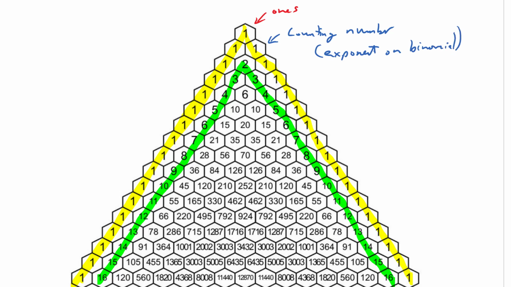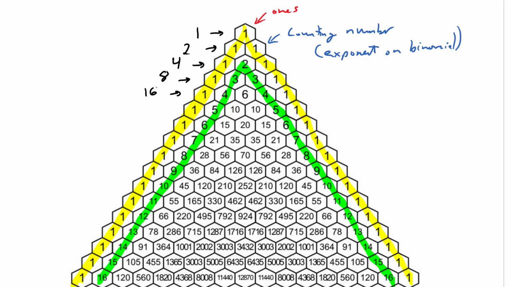There are many interesting patterns to Pascal's triangle. Another interesting one is this. Let's add up the rows. This adds up to 1. This adds up to 2. This adds up to 1 plus 2 plus 1 is 4. This adds up to 1 plus 3 is 4, plus another 3 is 7, plus 1 is 8. The next row, 1, 4, 5, plus 6 is 11, plus 4 is going to be 15, plus 1 is 16.